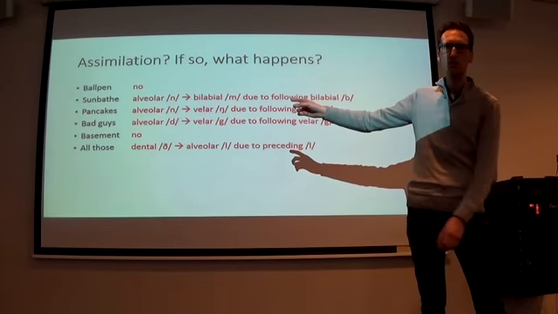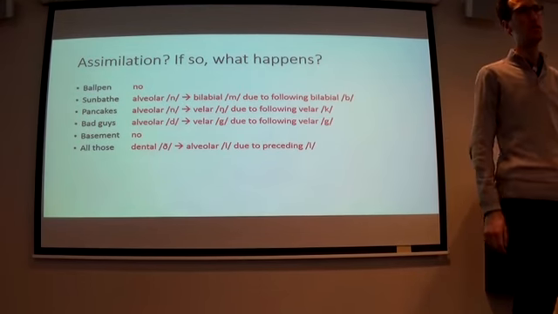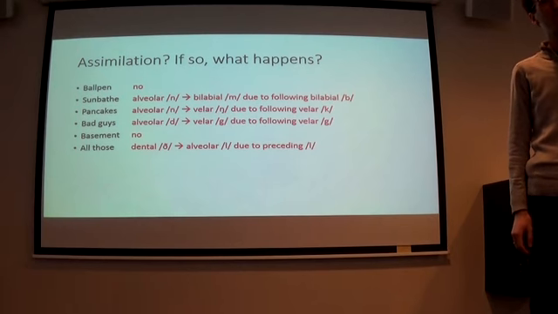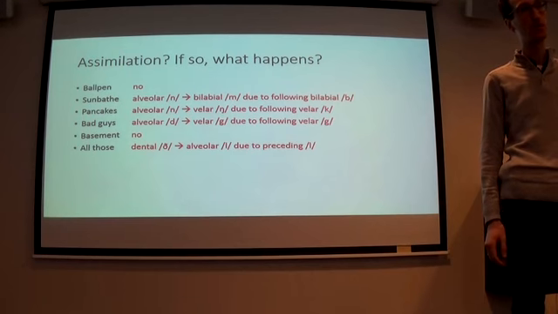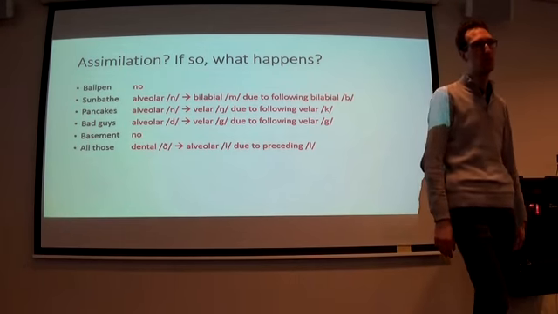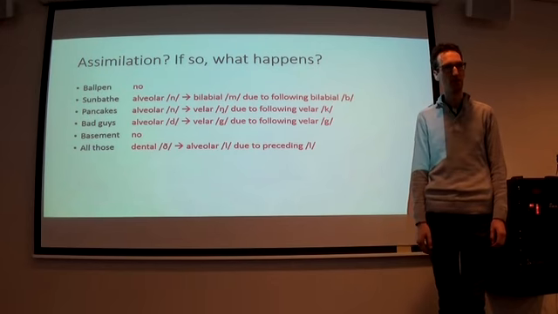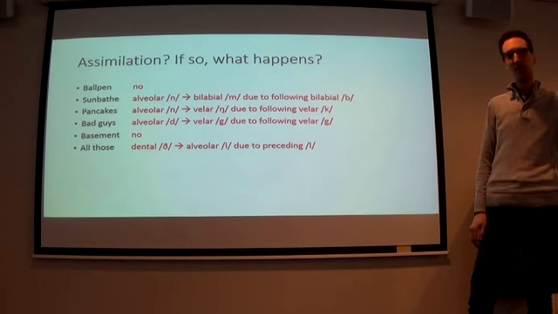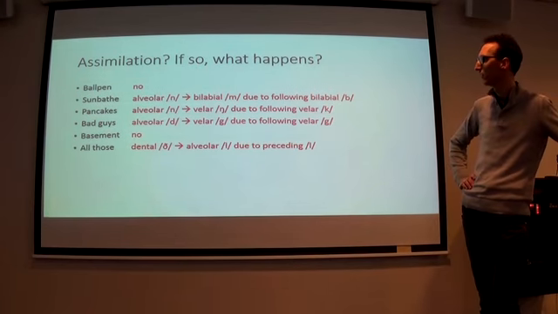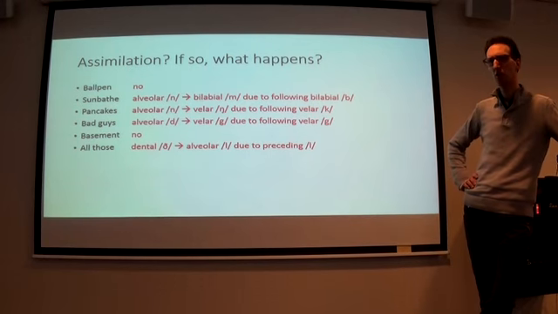Ball pen has got what we call a dark L, an L which is not so clear. So the L in lake, for example, is much more audible than the L in ball pen. So that's not elided, it's a different kind of L. What about basement? What kind of elision, elision of T? No, the T is pronounced.